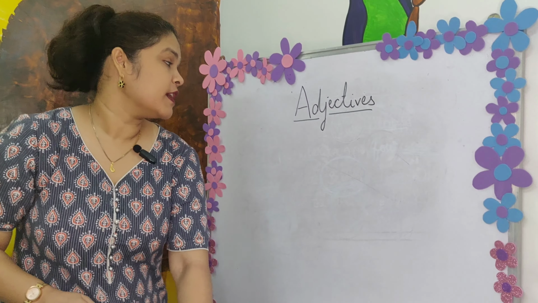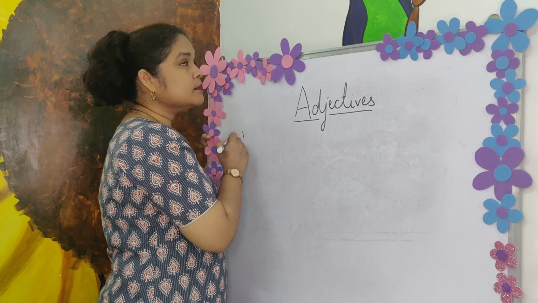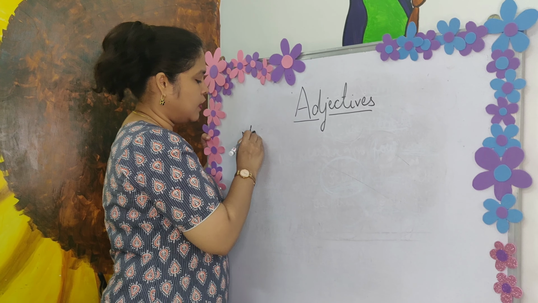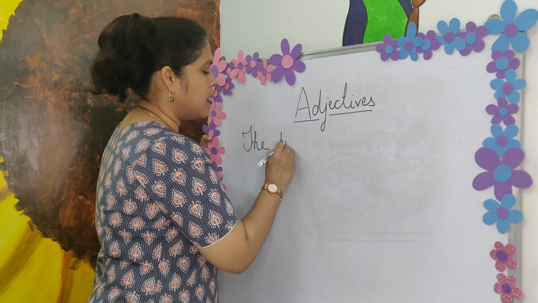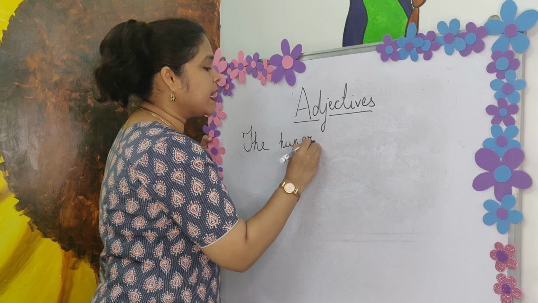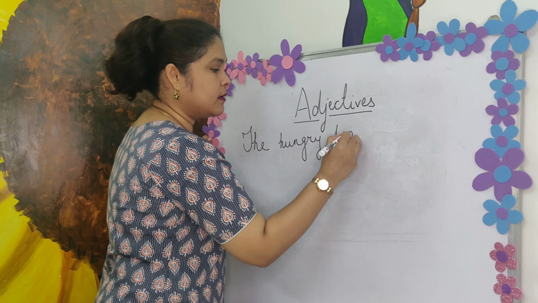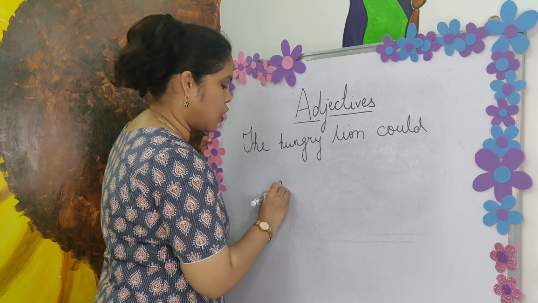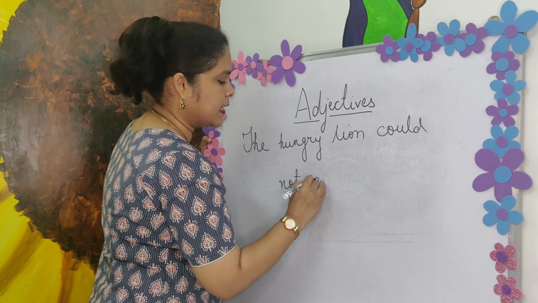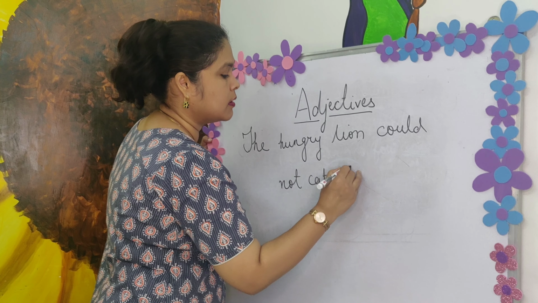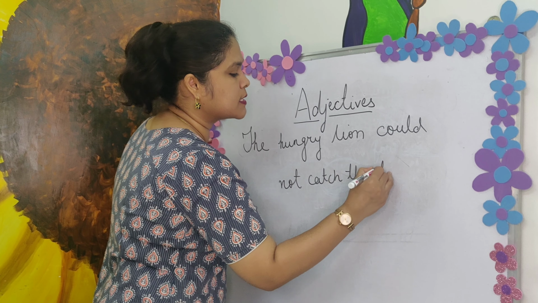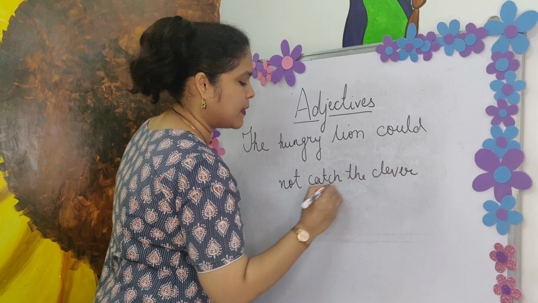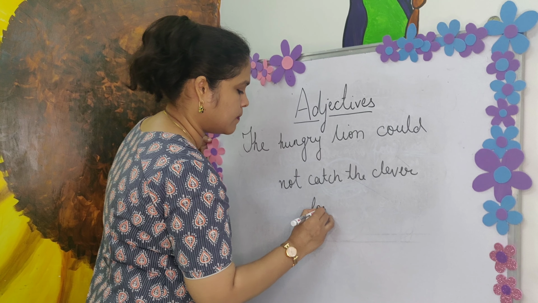Let me give you the first example. The hungry lion could not catch the clever fox. Nice, no? Good sentence.